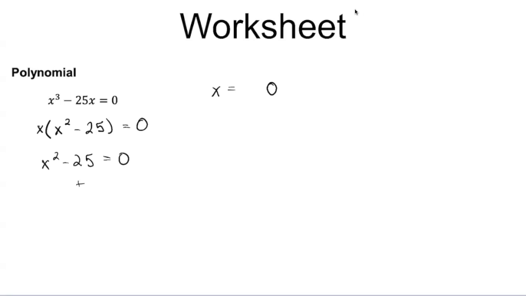So I'm going to add 25 to both sides and get x squared equaling 25, and use my square root procedure, and I get my result that x is going to equal plus or minus 5. So my three results are x equals -5, x equals 0, and x equals 5.